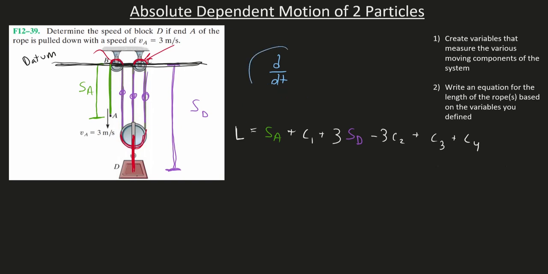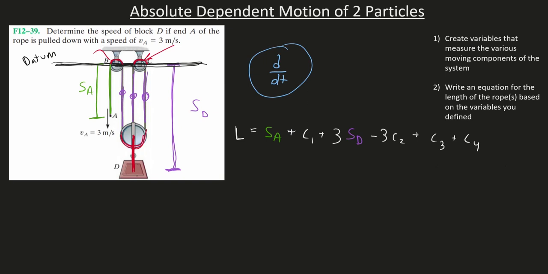And the reason why I'm taking the derivative with respect to time is, if I take the derivative of a position with respect to time, what's going to come out? Velocity. The velocity of my rope point A right there. So that's why I'm doing this.